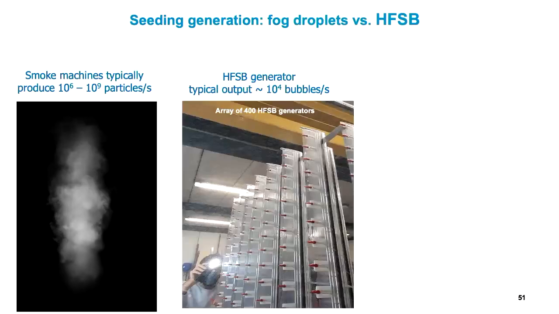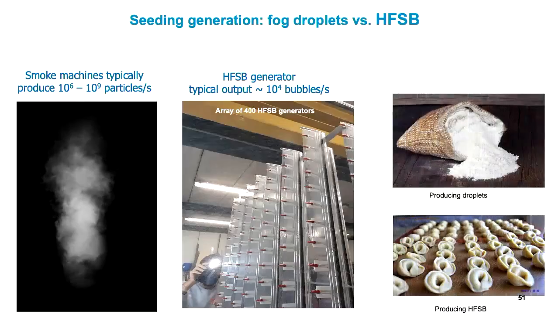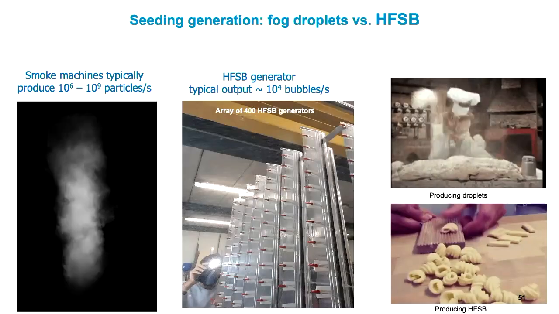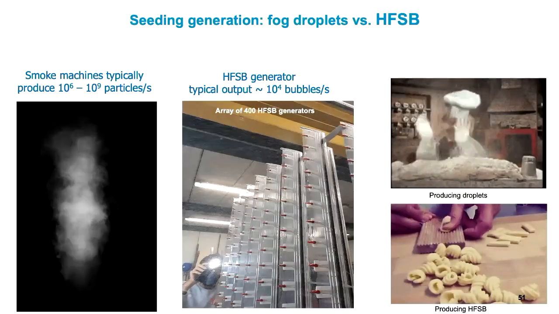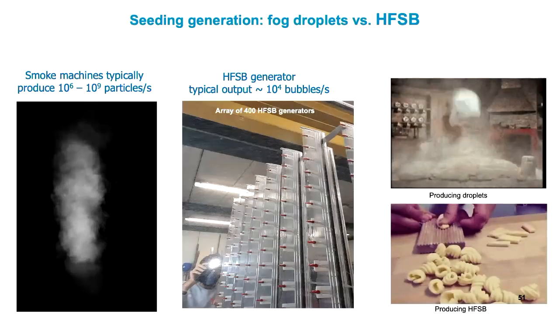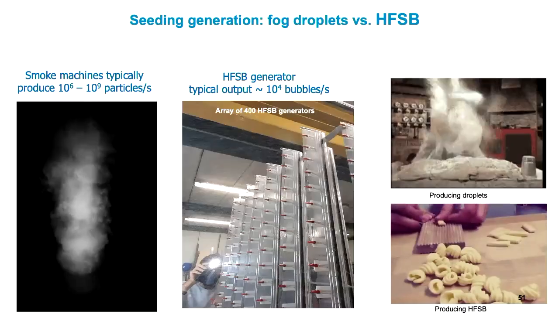To produce them is quite complicated. To make droplets, you just vaporize some solution, and then they form droplets. But producing the bubbles is like making tortellini one by one by hand compared to the crazy chef here.